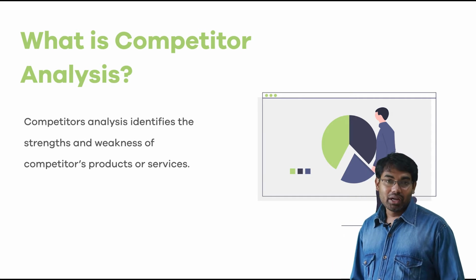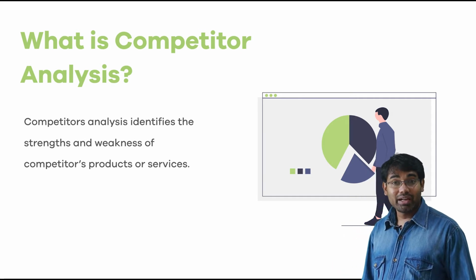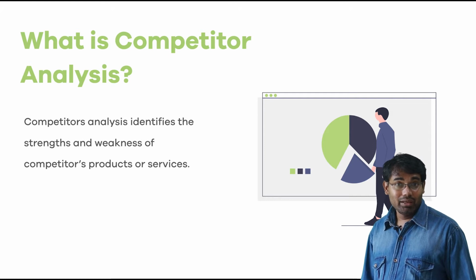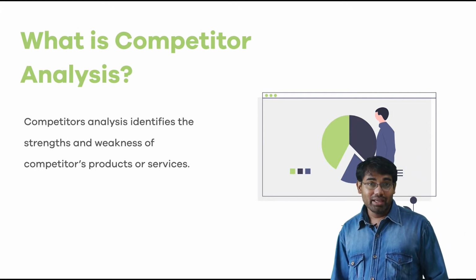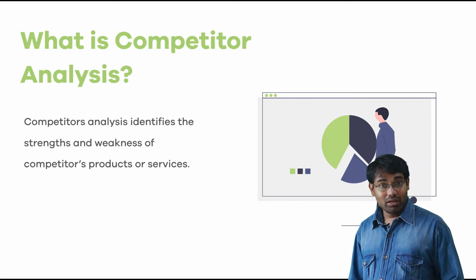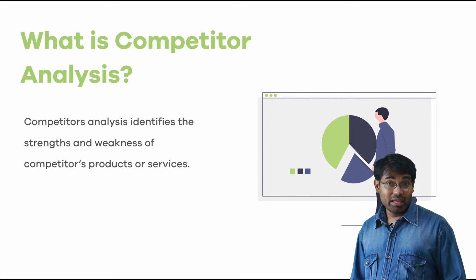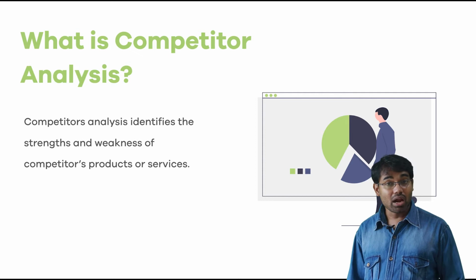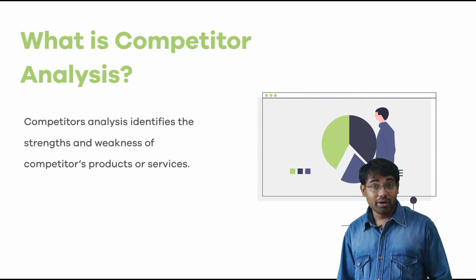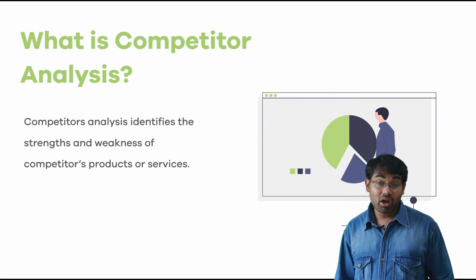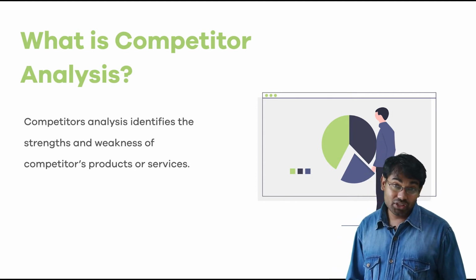Just imagine, I want to start a new restaurant in my area. Generally what we do is identify the list of restaurants available in my area, whether the restaurant type is Indian or Chinese, whether it's a vegetarian or non-vegetarian hotel, how the taste of the food is, the restaurant environment, and what the price range is.